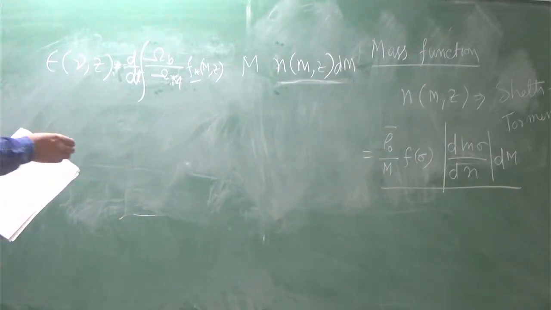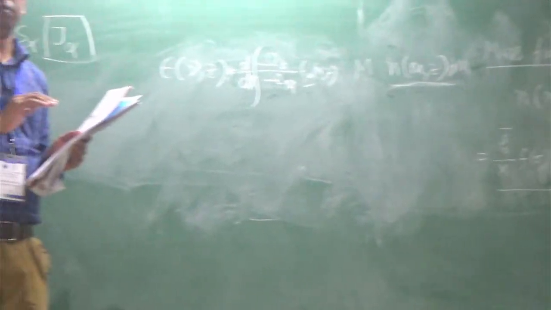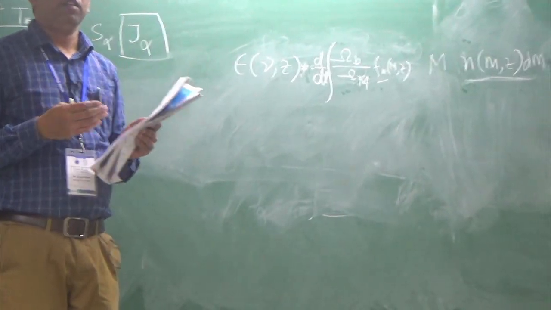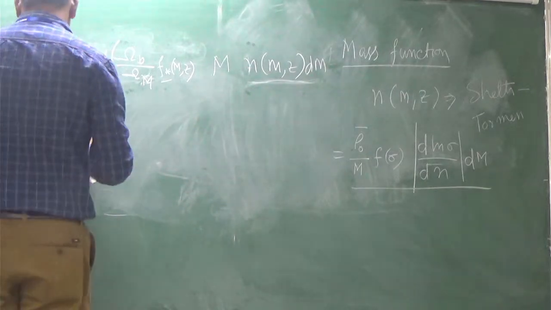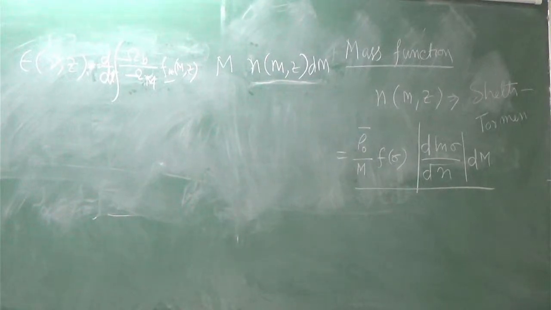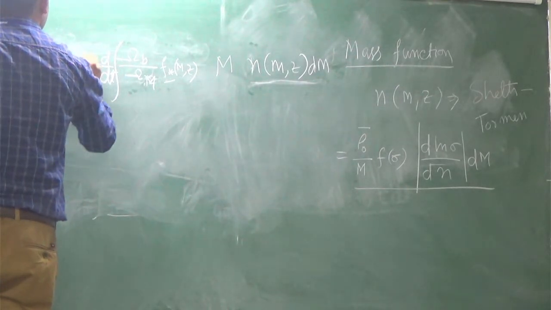So if you want to know the spectrum of photons emitted from a dark matter halo, we have to multiply this with a spectral quantity, epsilon p nu.